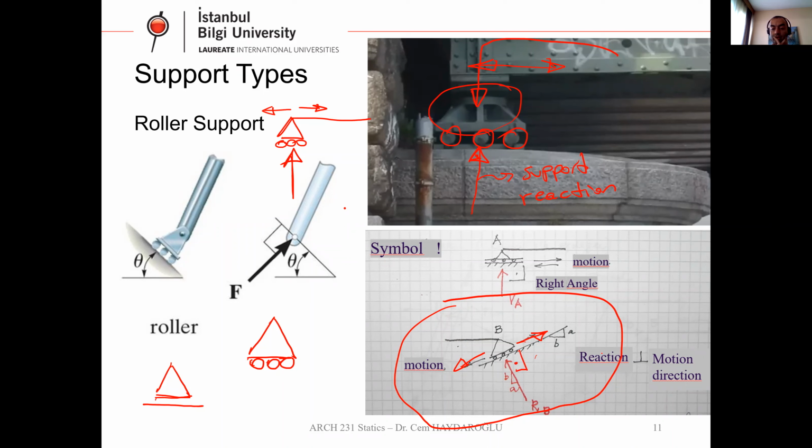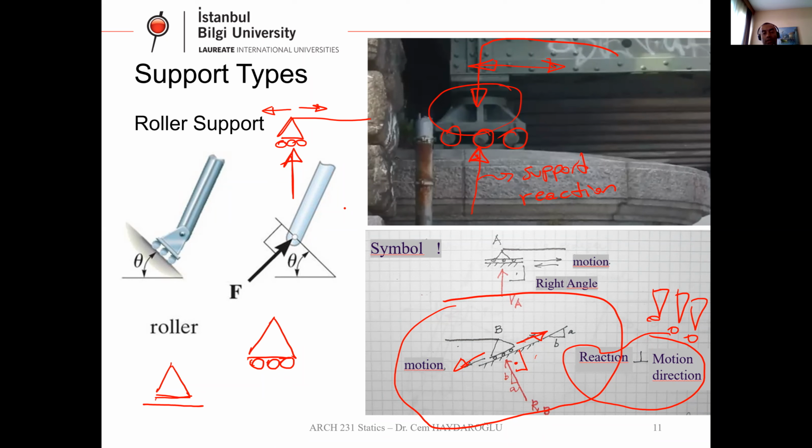So the rule is here. If we have roller support, what do we have to know? We have only one reaction, or I mean, we have only one unknown, which is the vertical one.